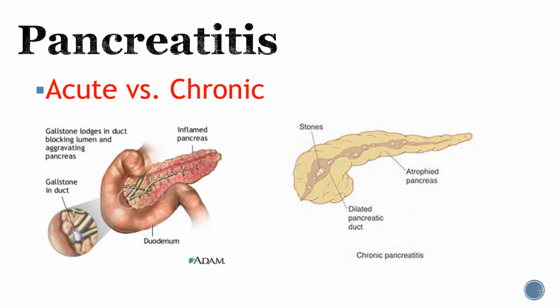So here are some pictures showing what it might look like when somebody has acute versus chronic pancreatitis. In acute pancreatitis, maybe we have something like this gallstone over on the left stuck in one of the ducts that helps to drain the pancreas, or in the common bile duct, and it backs everything up, including those enzymes that the pancreas secretes to help us digest the nutrients.